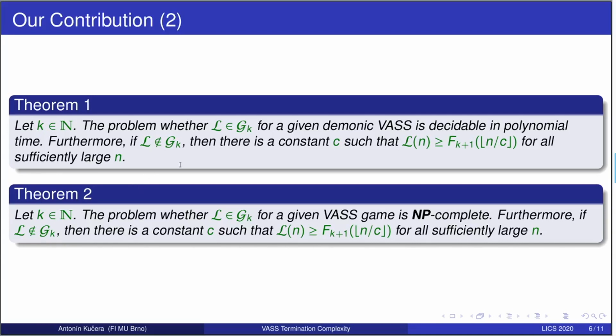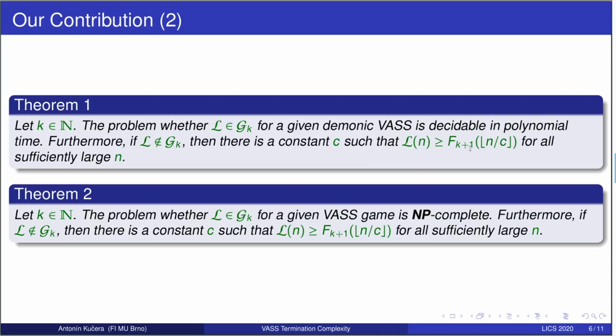For demonic VASS, we prove that the problem whether the termination complexity belongs to the class gk, where k is an arbitrary fixed constant, is decidable in polynomial time. And on top of that, we show that if the termination complexity does not belong to the class gk, then it grows at least as fast as the generator fk+1 of the class gk+1.